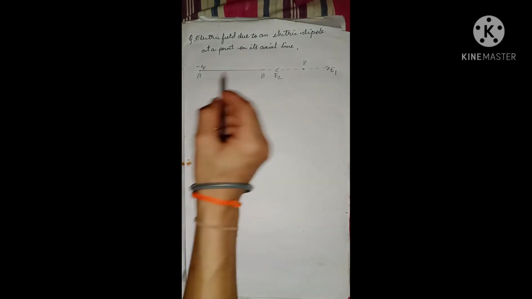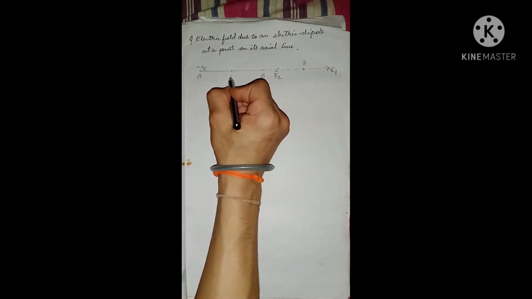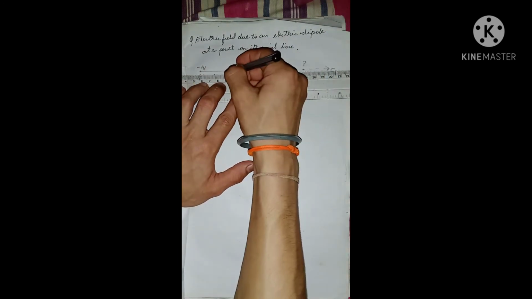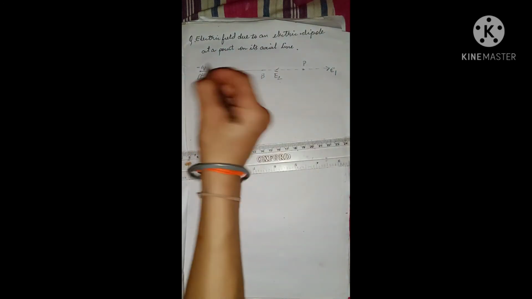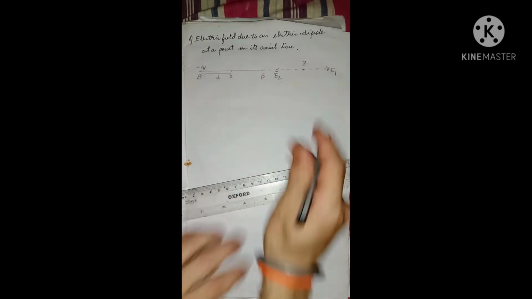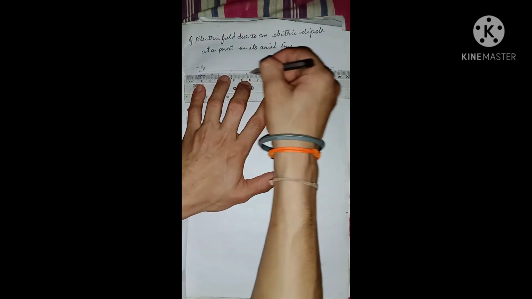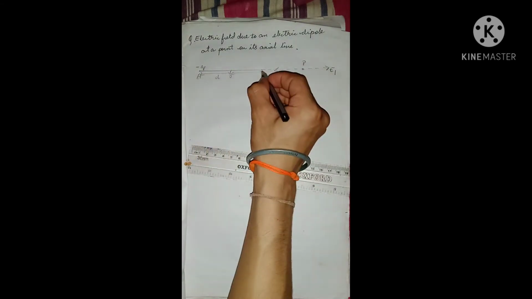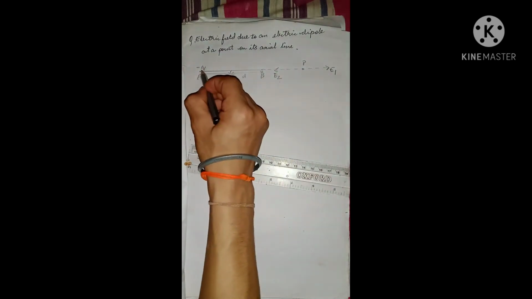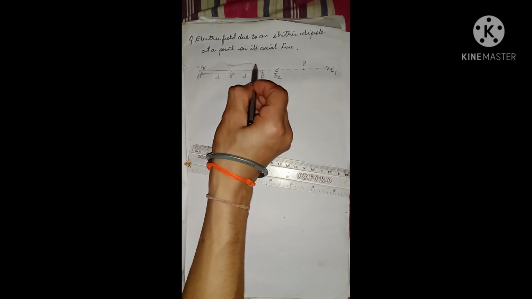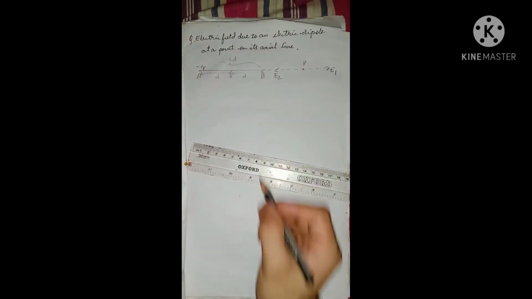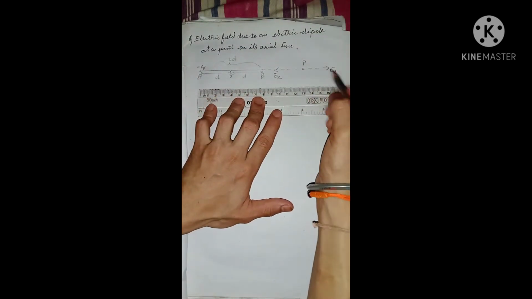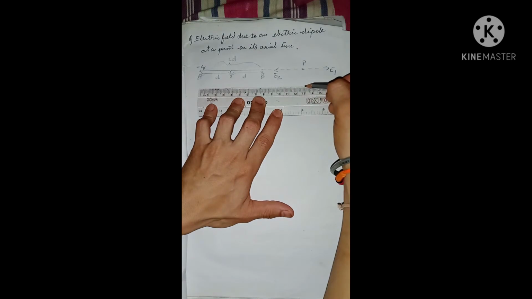Let us consider the origin as O, and the distance between A to O is D, and the distance between O to B is D. Then together this will be twice D, and the distance between O to P is taken as R.